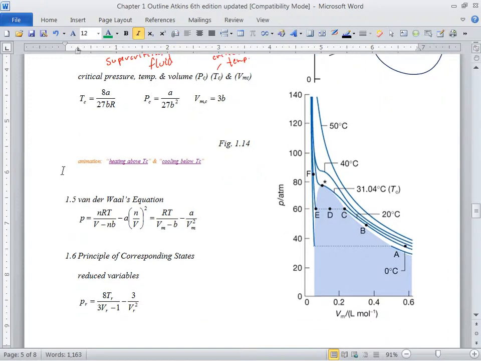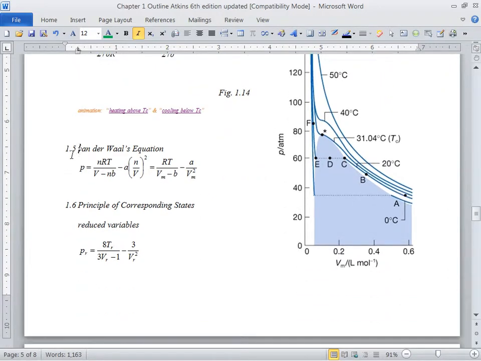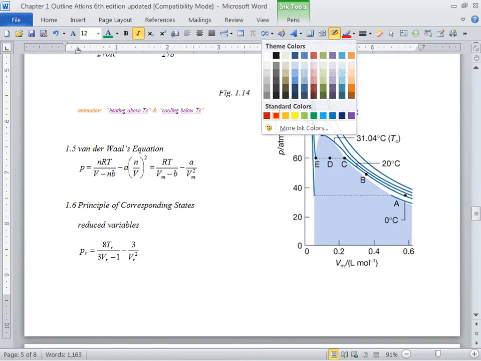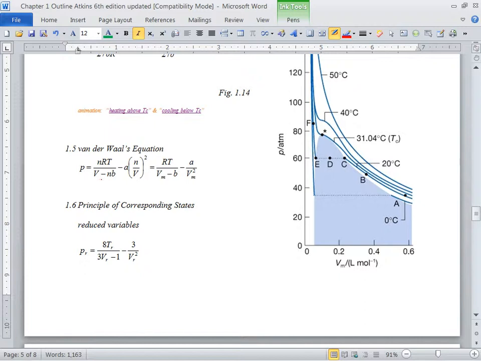Okay. We take a closer look at the van der Waals equation. There's some things that kind of make sense in it. Like, the volume is being decreased a little bit. And the concept behind that is that nb, the volume, is minuscule.